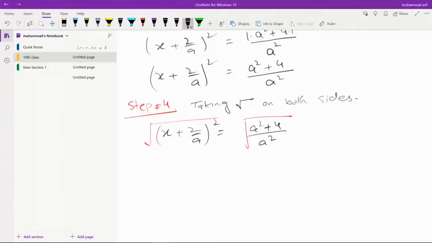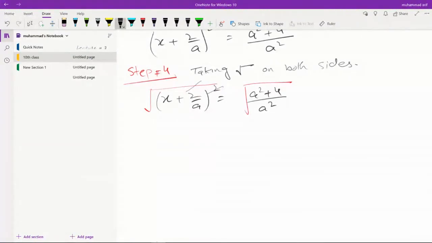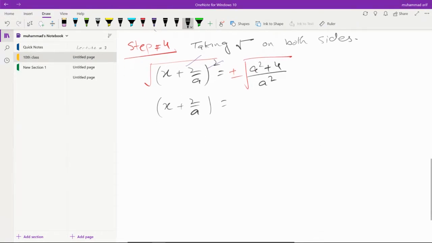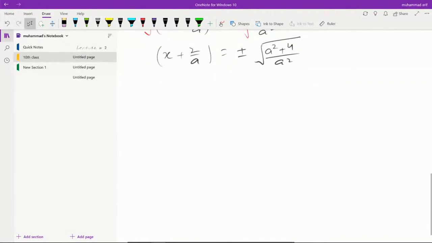By taking square root on both sides, this 2 cancels by this square root, and we are left on left hand side with x plus 2 by a equals to, when we use square root, we use plus and minus sign on right hand side. We have plus minus square root of a square plus 4 by a square.